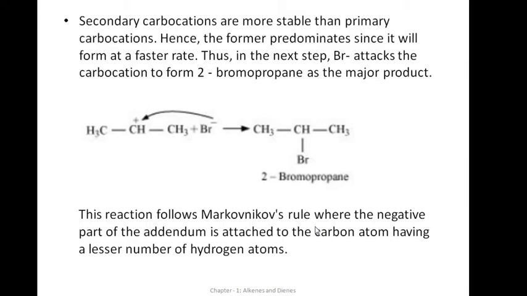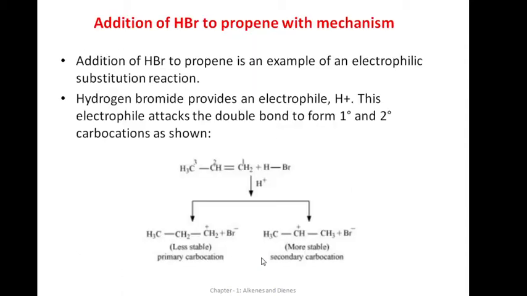What is Markovnikov's rule? The negative part of the addendum is attached to the carbon atom having less number of hydrogen atoms. So what is an addendum? Addendum means any molecule that gets added to the unsaturated molecule. Here what is getting added? Here HBr is getting added. So HBr becomes the addendum.